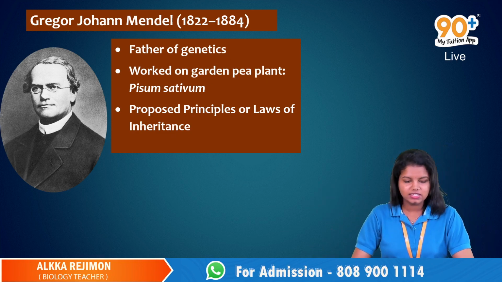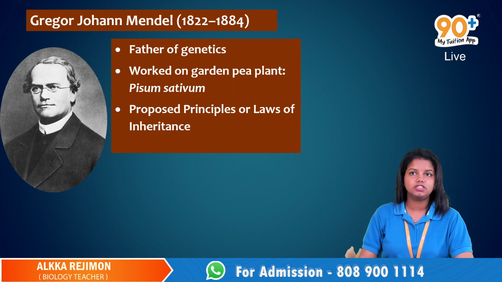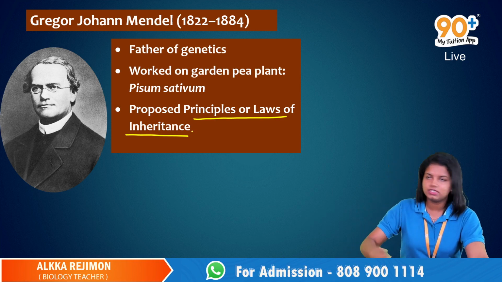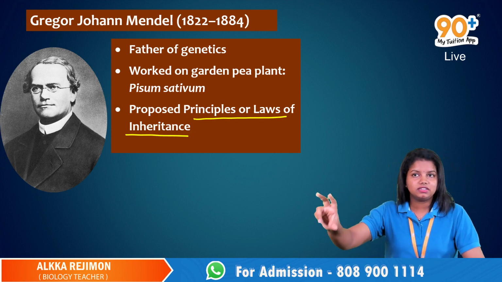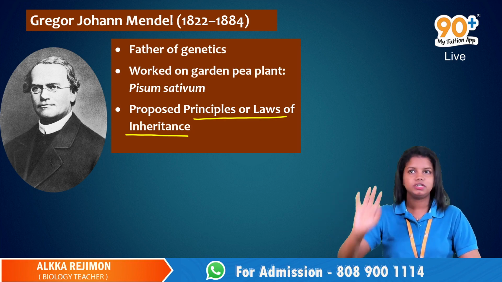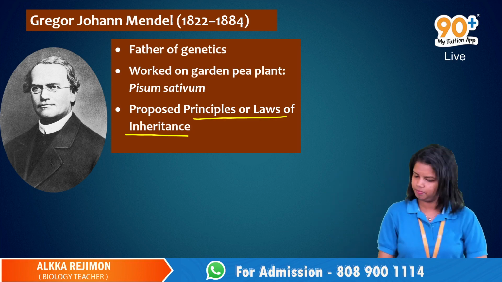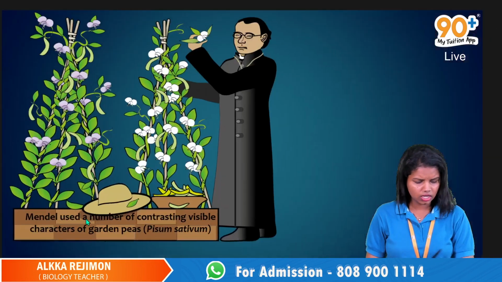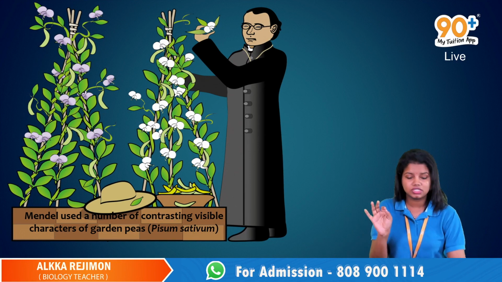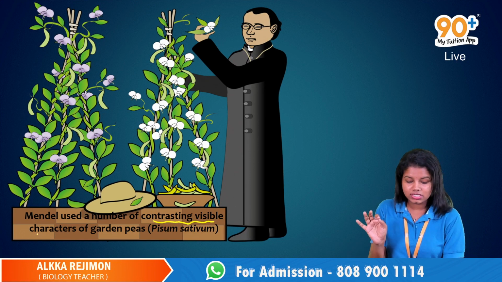And then it is the same father of genetics who proposed the principles or laws of inheritance. There are 3 laws of inheritance that we have to study, and the scientist who proposed those 3 laws of inheritance is Gregor Johann Mendel.